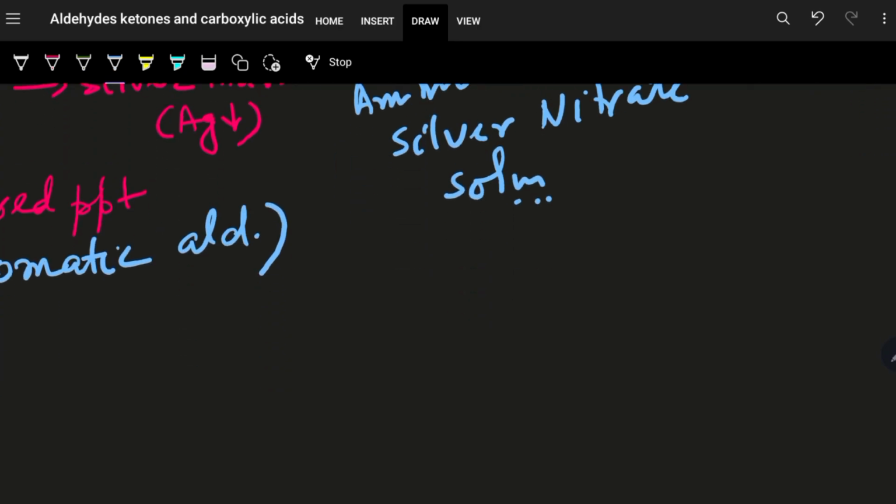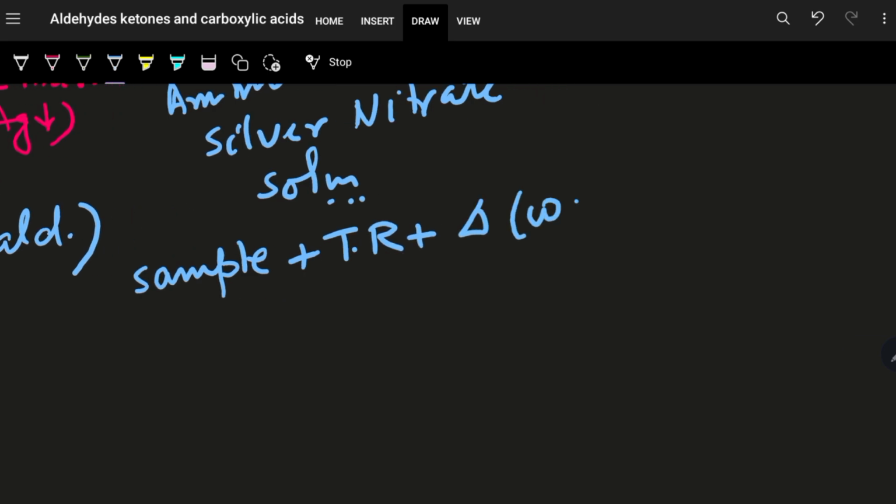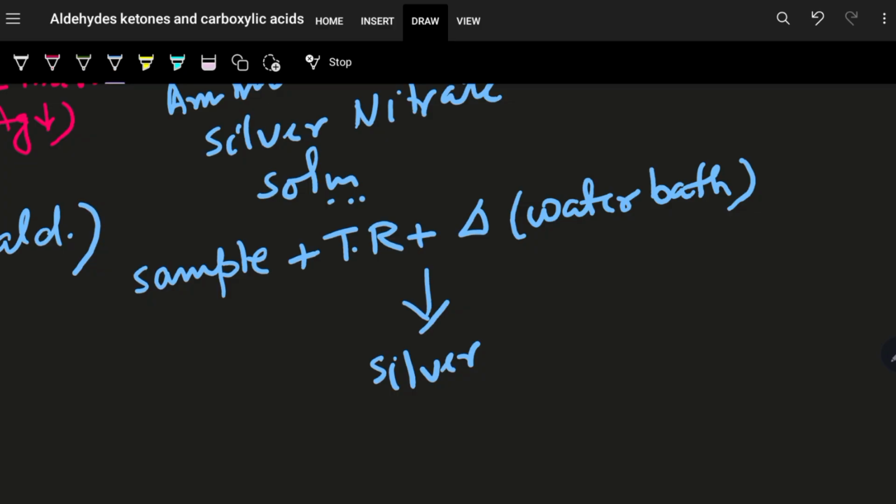So when you add this Tollens reagent to the sample of aldehyde and you heat it in a water bath for some time, what you get is a silver mirror, due to the formation of a precipitate of silver.